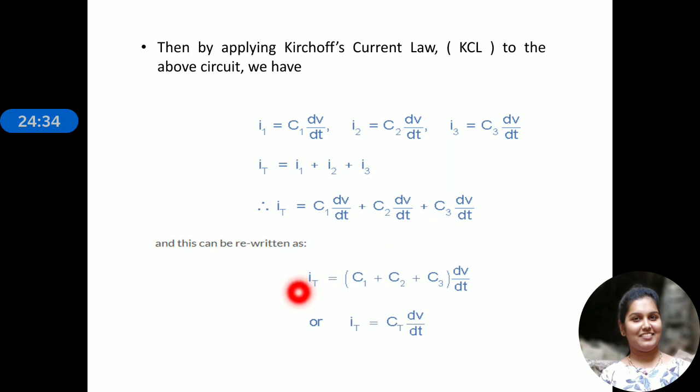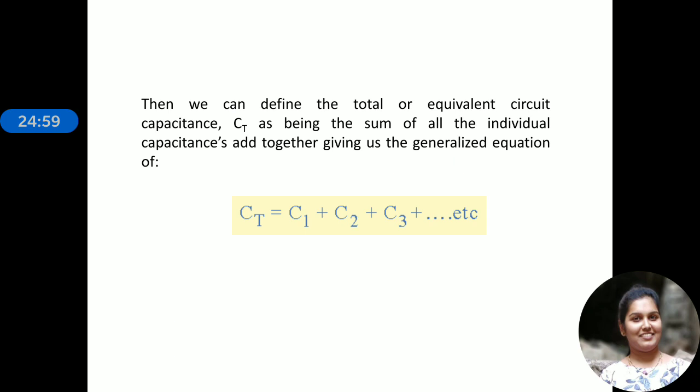So this can be written as IT is equal to C1 plus C2 plus C3 into dV by dt, or IT is equal to CT into dV by dt, right? So then we can define the total or equivalent circuit capacitance CT as being the sum of all the individual capacitances added together, which gives a generalized expression: CT is equal to C1 plus C2 plus C3.